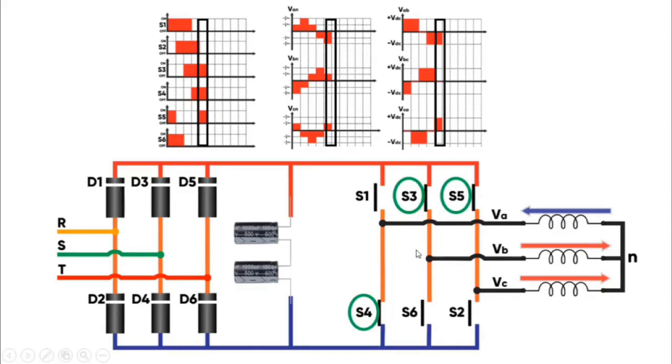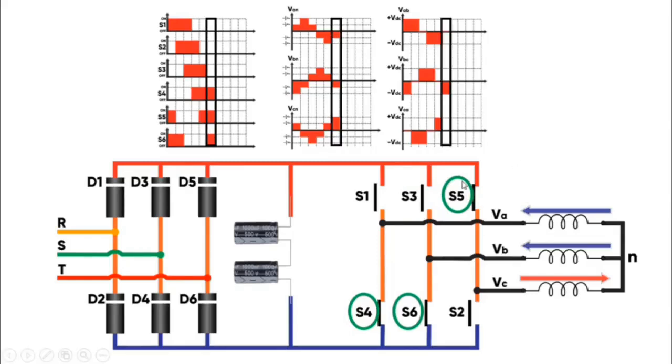Also, when S5 and S4 are closed, a potential difference is created between point VC and N as well. The value of this potential difference is also 1/3 of VDC, and finally, the voltage between VA and point N, which is VAN, becomes negative 2/3 of VDC, as you can see here.